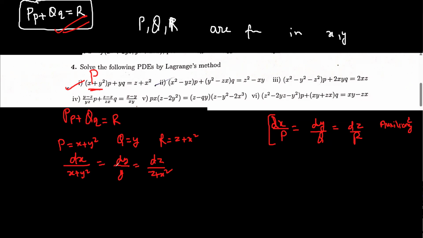See, you know, A is equal to B is equal to C is nothing but A is equal to B, A is equal to C, and B is equal to C, right? So from here you will get three equations.